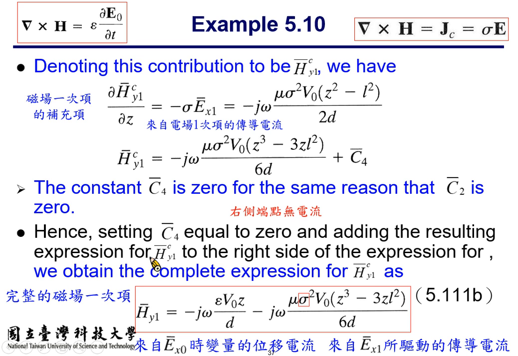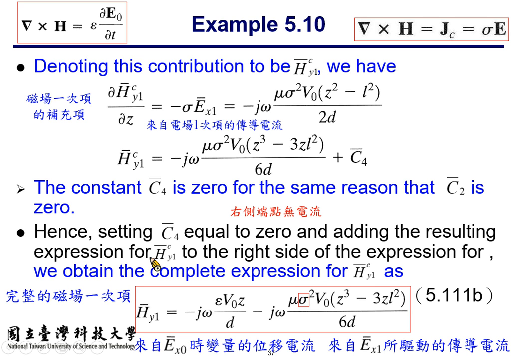As you can see, they both come with the j omega term, so they are first order terms. And this term depends on Z because it is due to the presence of the Ex0 term. And here, this one is more complicated.